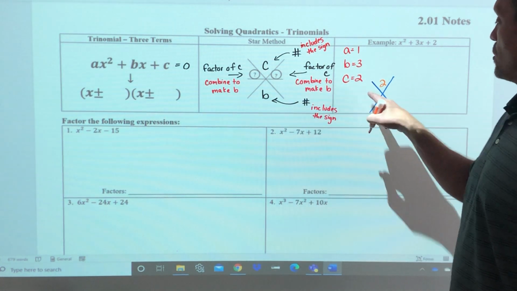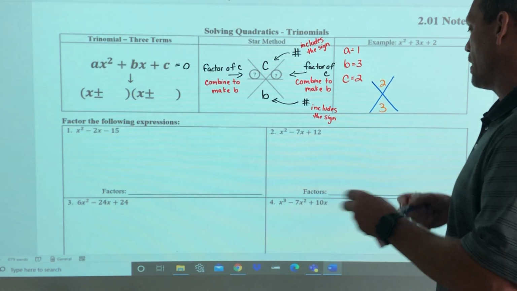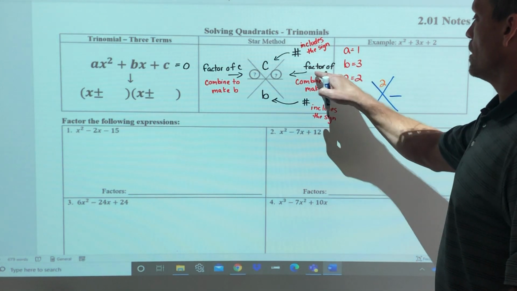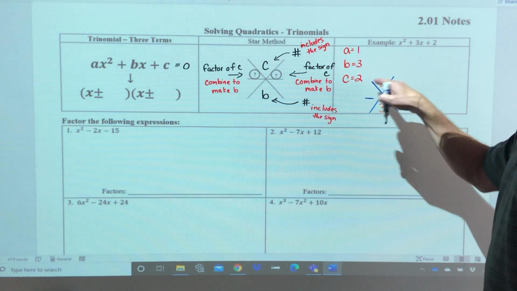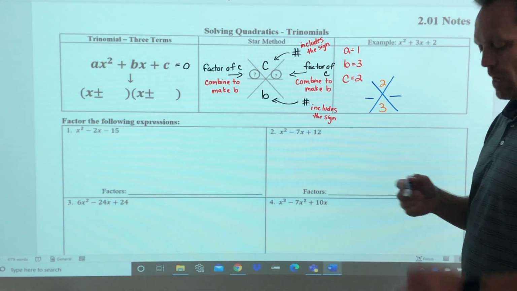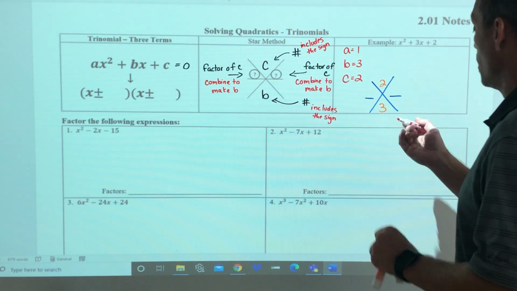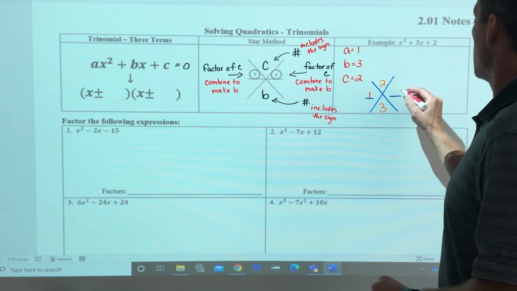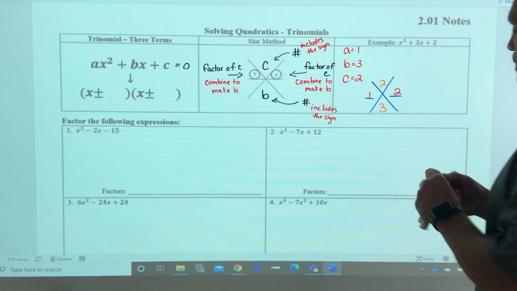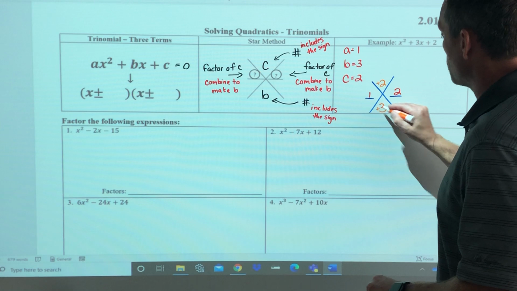What we're trying to find for these two values here are values that are factors of C, or 2, that can combine to make B. Well, the only factors of 2 are 1 and 2. And by the way, one thing I did forget is you need to understand that 2 is positive and 3 is positive, right?